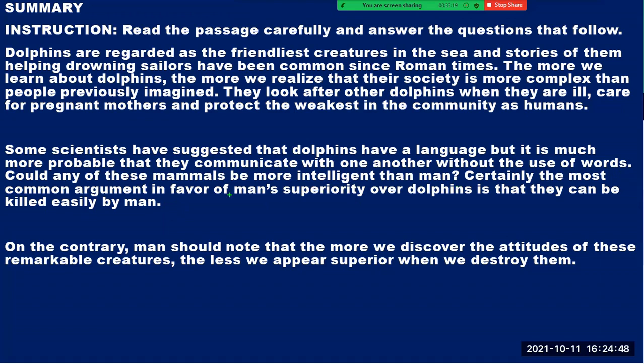Certainly, the most common argument in favor of man's superiority over dolphins is that they can be killed easily by man. On the contrary, man should note that the more we discover the attitudes of these remarkable creatures, the less we appear superior when we destroy them.